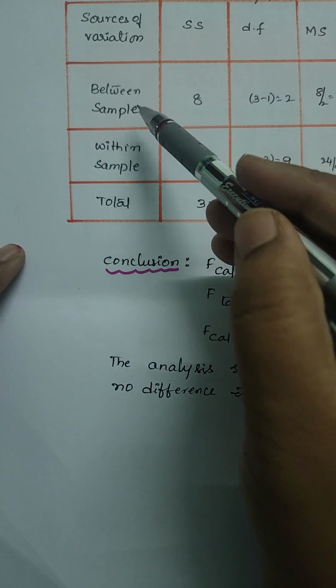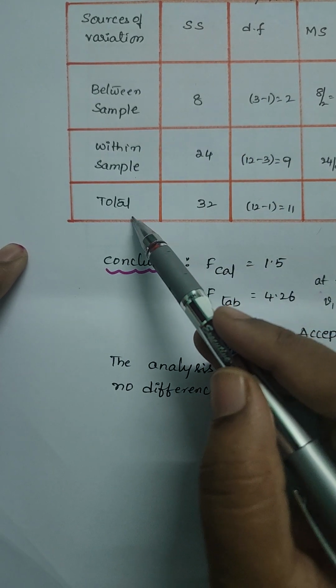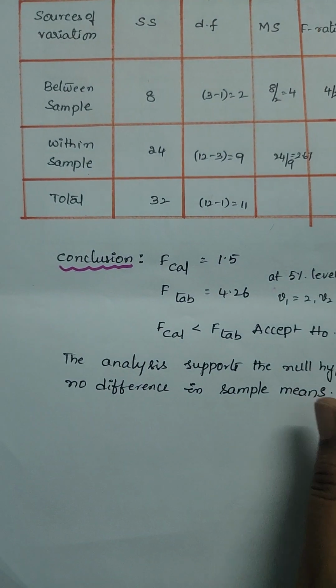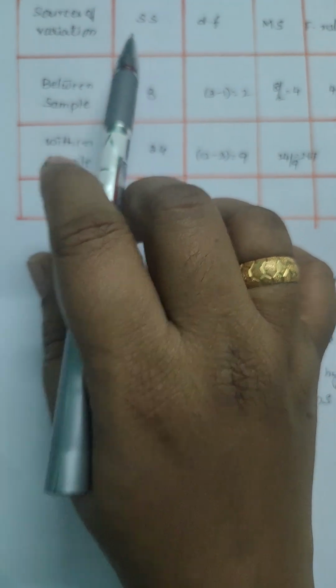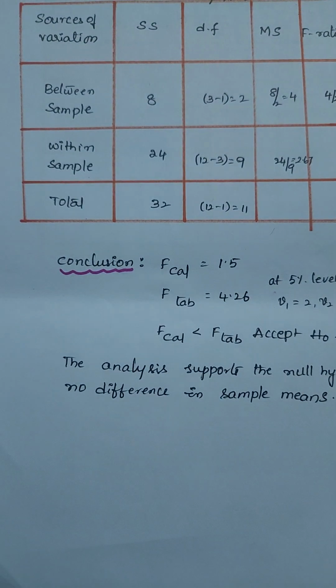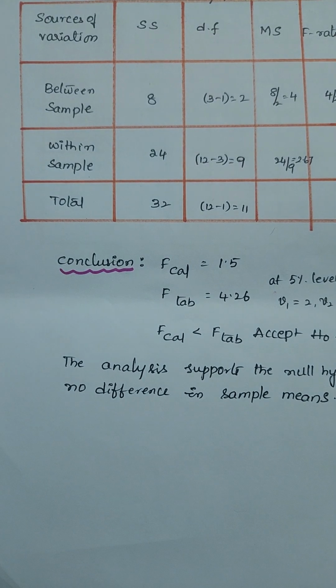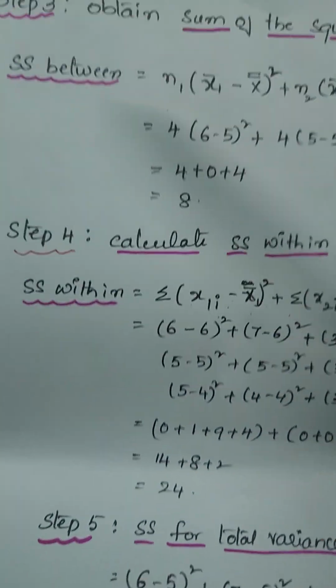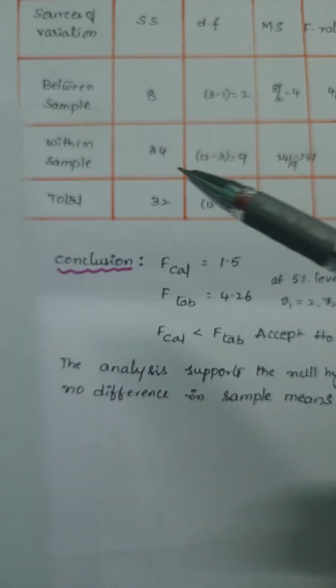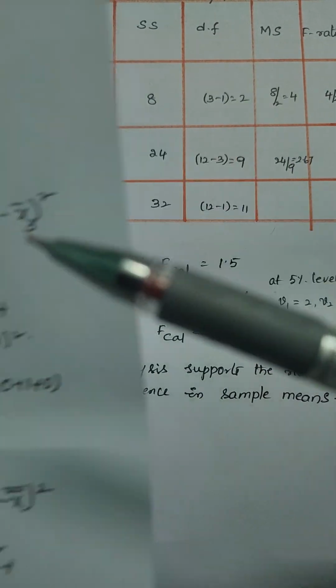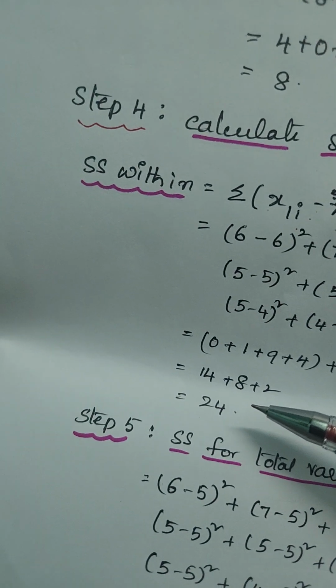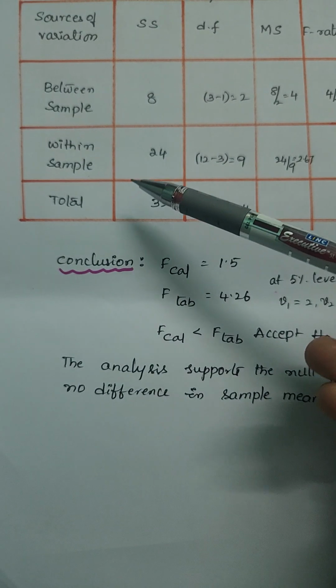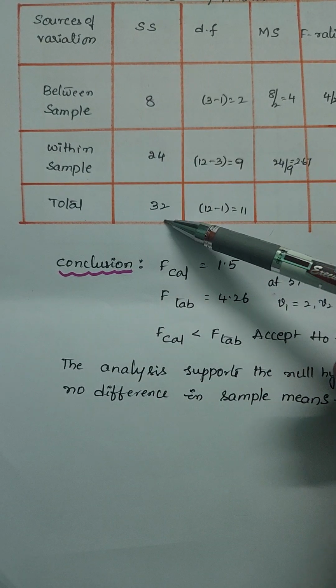In the rows, between the samples, within the samples, and total. SS between the samples is 8. SS within the samples is 24. Total is equal to 32.